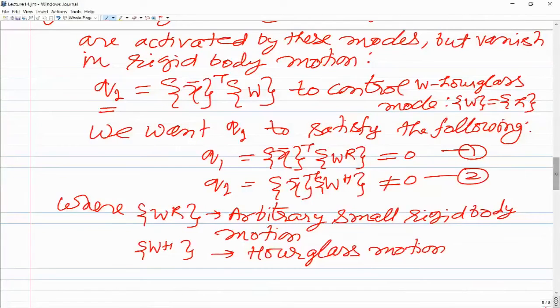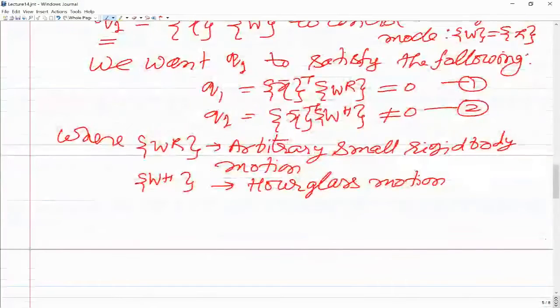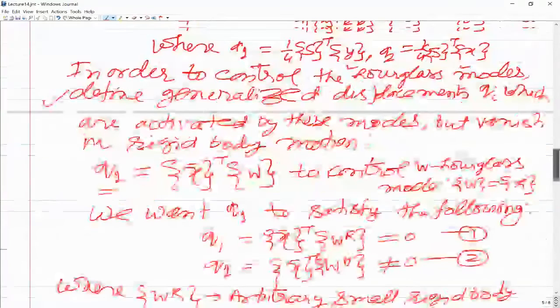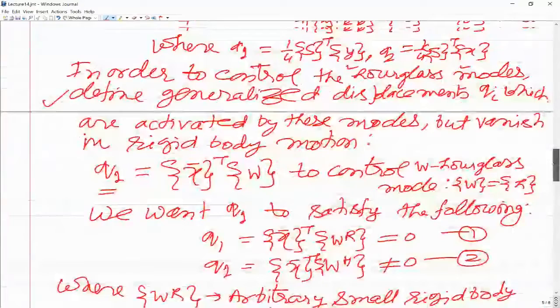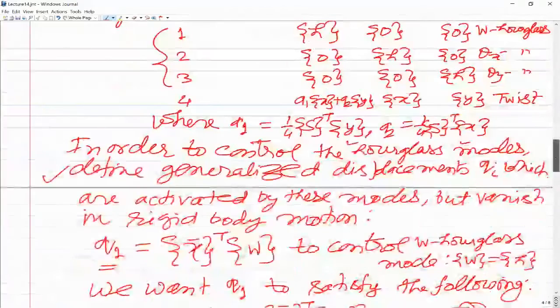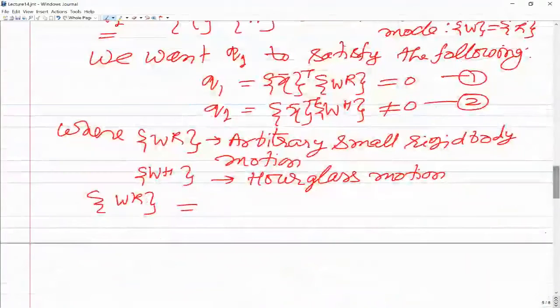As far as wr is concerned, we talked about these three rigid body modes: translation, x rotation and y rotation, but for a general rigid body motion it would be a combination of all three.